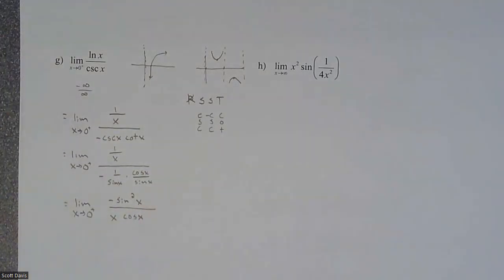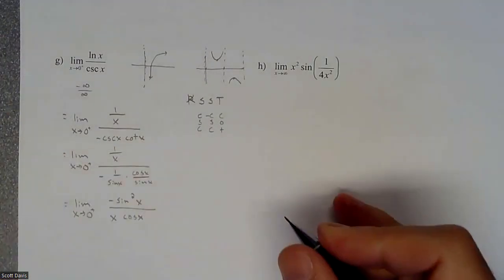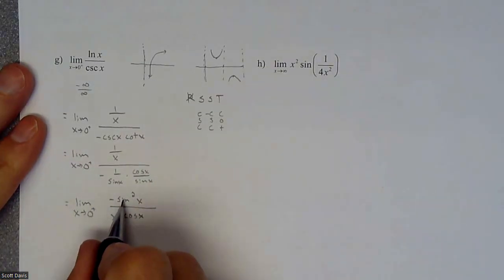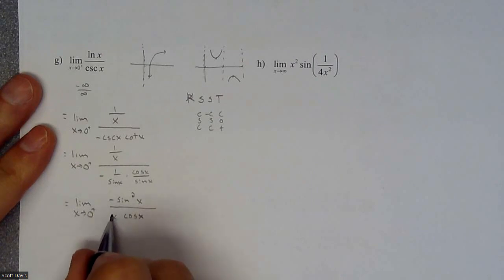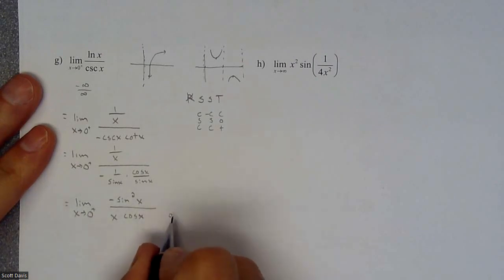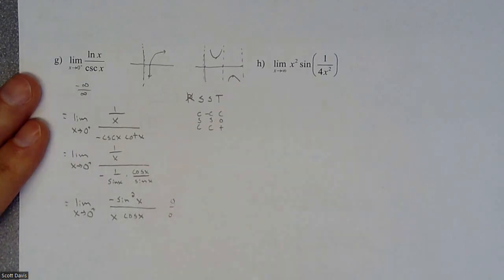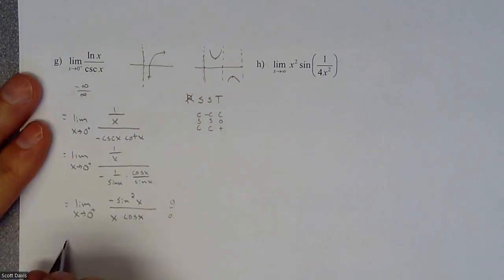Now, plugging in 0, I have some things that are a little bit nicer, but I do get a 0 on the bottom, and sine of 0 is 0, so I'm getting a 0 on the top. So I can do L'Hopital's rule again.